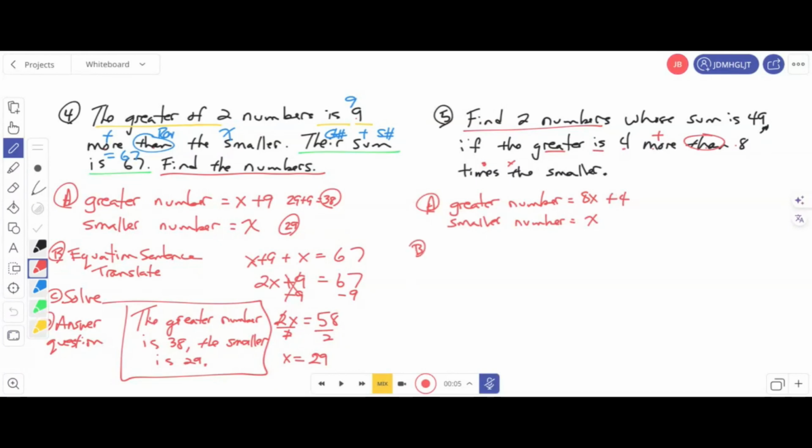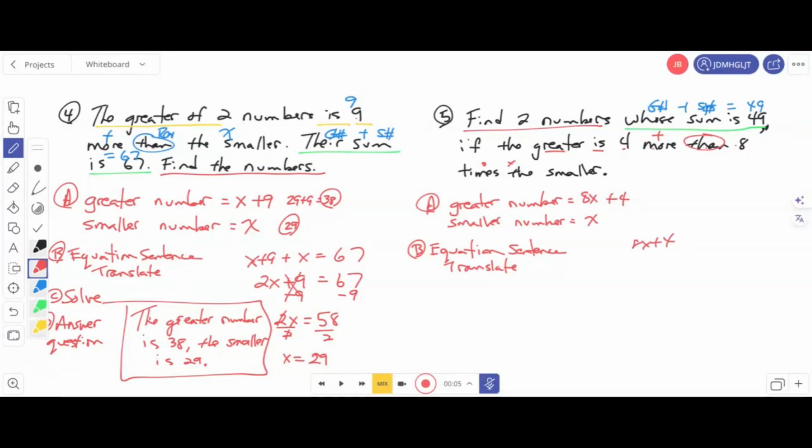Then we look for our equation sentence. Our equation sentence is sum is 49. So it's really more of a phrase here instead of a sentence. So we're going to translate. That means the greater number plus the smaller number is 49.